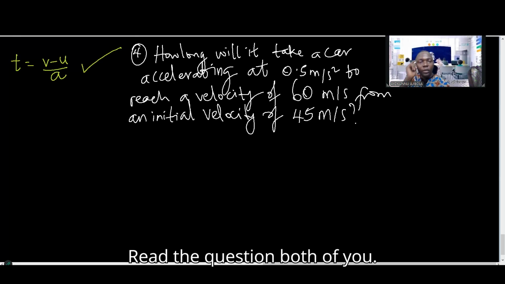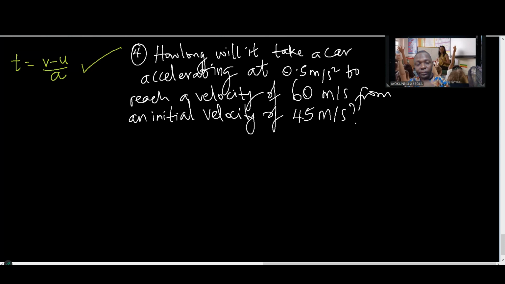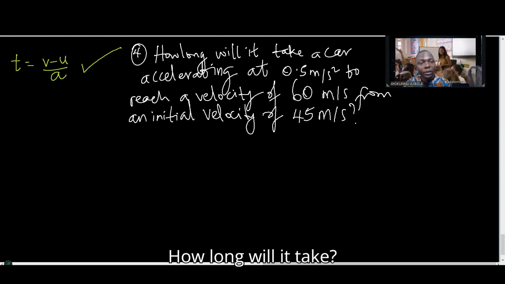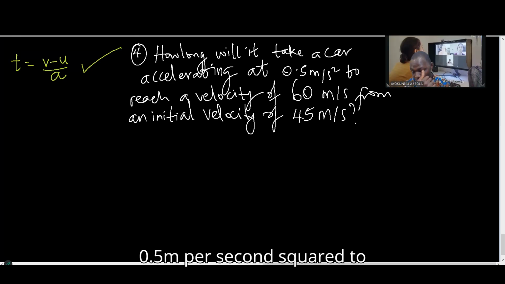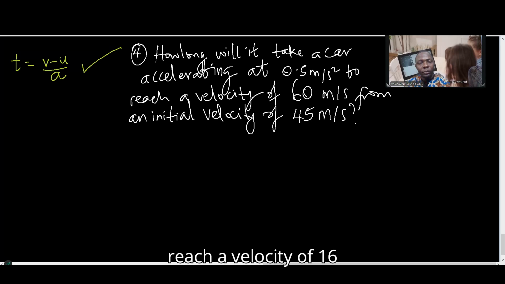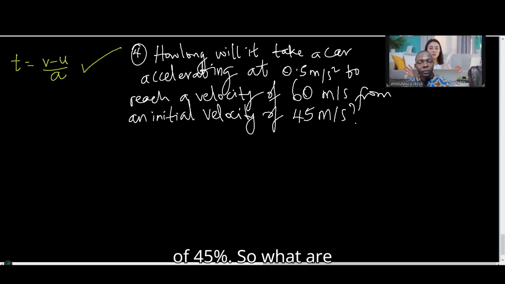Read the question, both of you. How long will it take a car accelerating at 0.5 meter per second square to reach a velocity of 60 meter per second from an initial velocity of 45 meter per second.